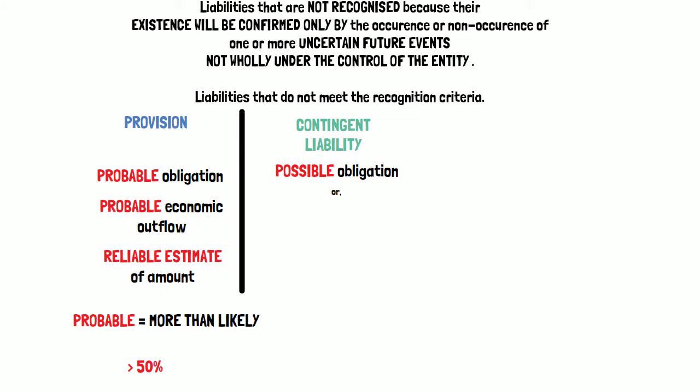Therefore, there are still things to play out which may bring about an obligating event, or it may not. But essentially we don't know. And therefore, when we don't know, when it's less than 50% likely, it becomes a possible obligation, and it switches from being a provision to being a contingent liability.